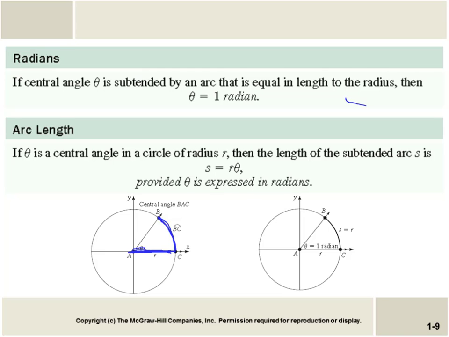In a circle, we have 2 pi radians, which again is equal to once around the circle, just like 360 degrees. They're an equivalent unit of measure. So far, so good? All right.